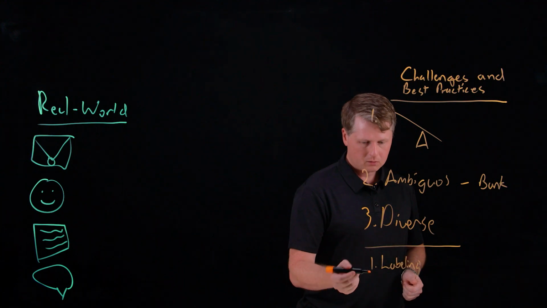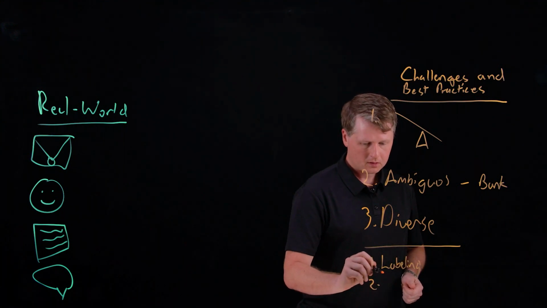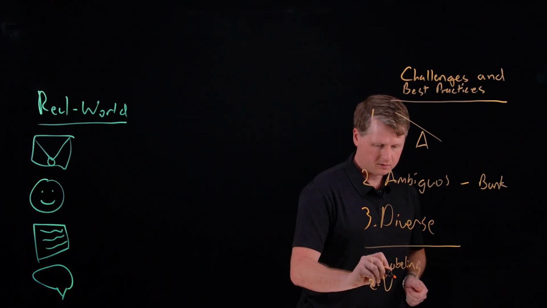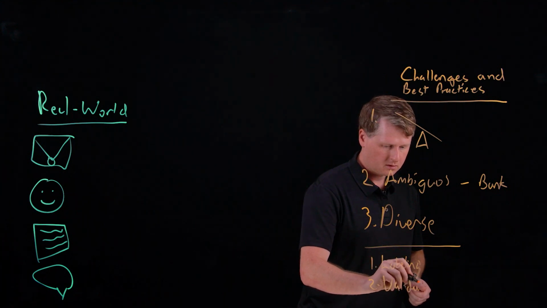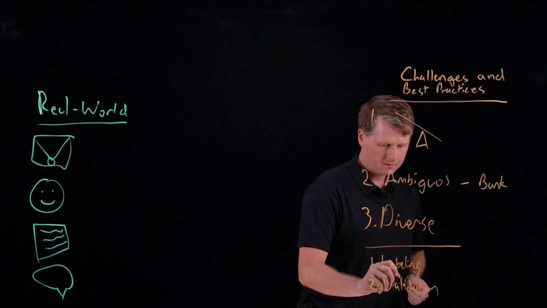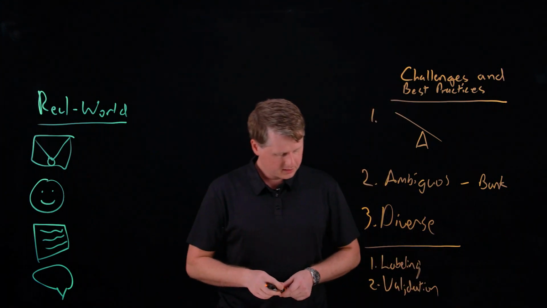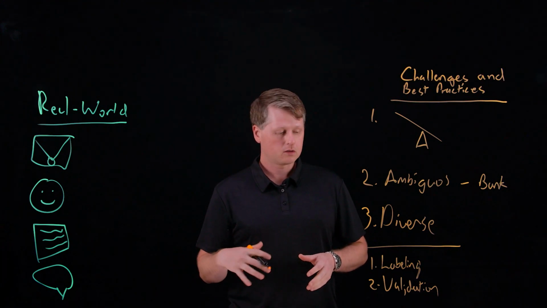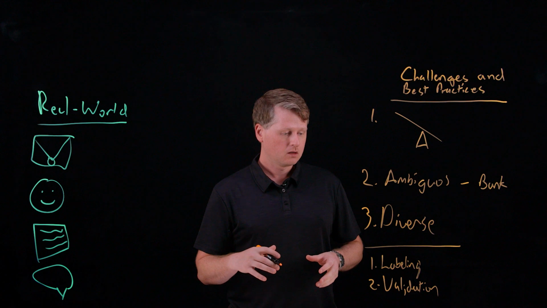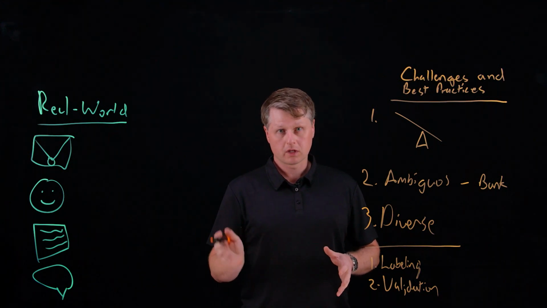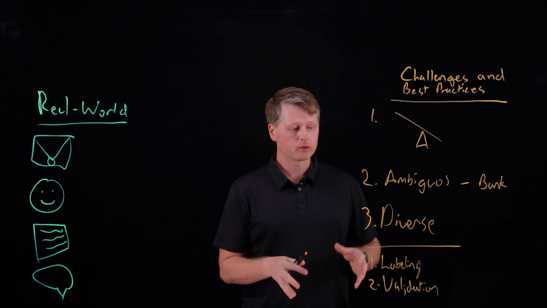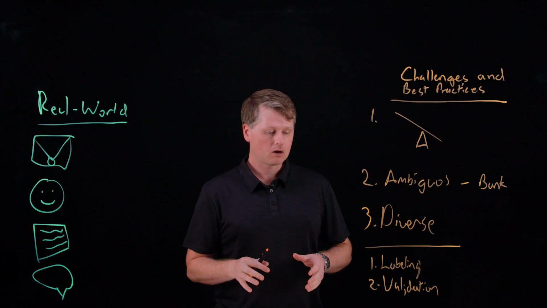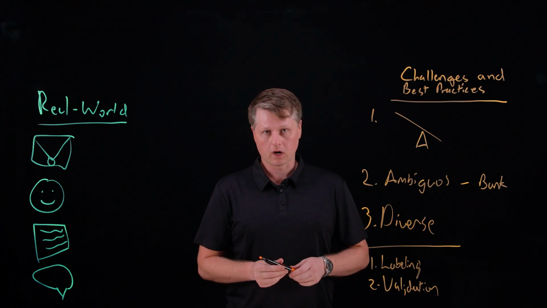And then the last one within this is validation. So what I mean by validation is making sure, once you've trained that first model, that the data that you're then receiving or sending out in the real world are still being classified in the way that you want.